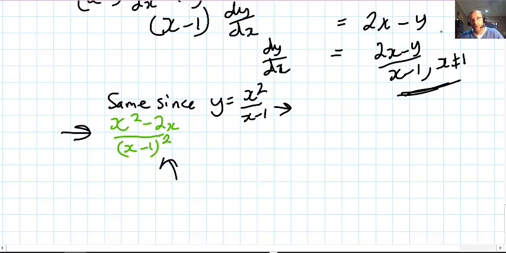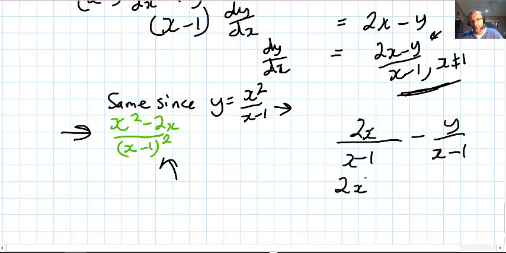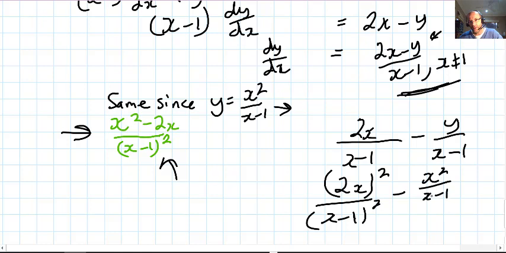So if we have 2x take y, and it's over x minus 1 all squared, so to get something like that, we start by splitting it up, and we've got top and bottom squared, so that'll be the numerator denominator squared there, and we sub in x squared over x minus 1, that's instead of y, over x minus 1.